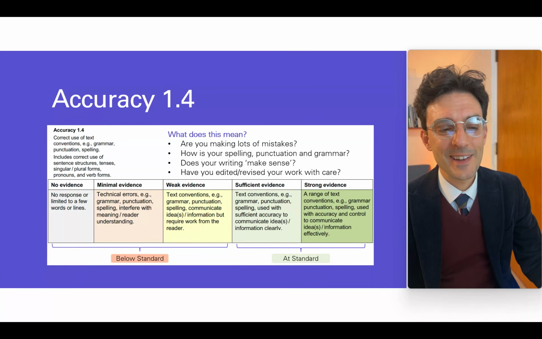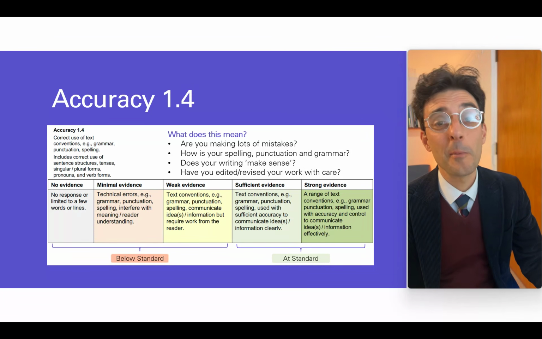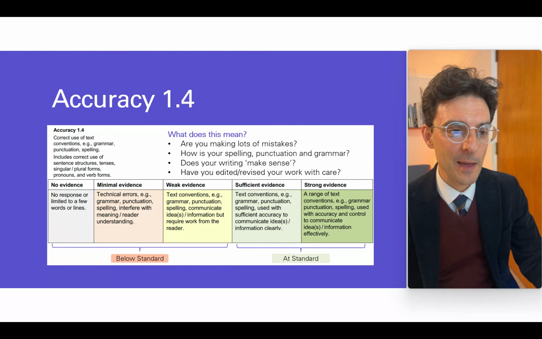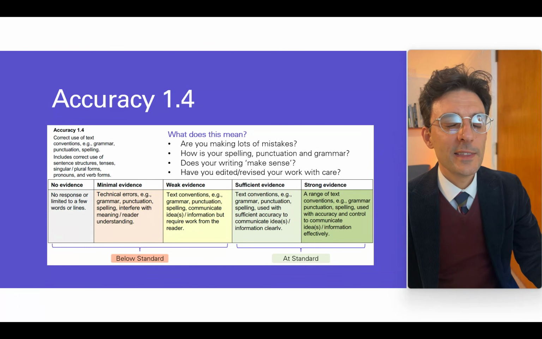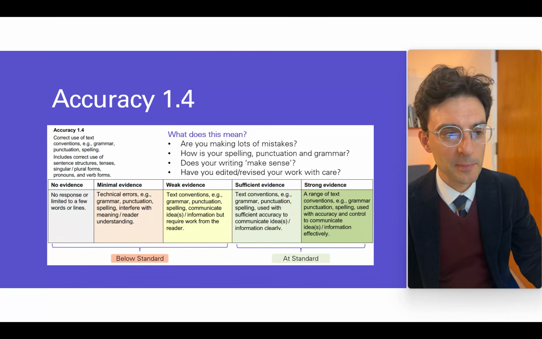Deep breath. Accuracy. This is my great foe, or rather it is the great foe of many of the students who have not passed the CAA co-requisite at my school. This is just mistakes. Are you making too many mistakes? This is spelling, punctuation, and grammar, people.